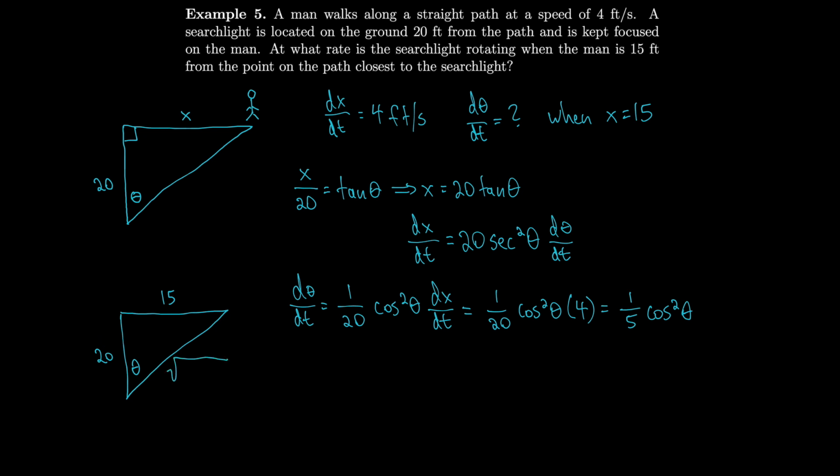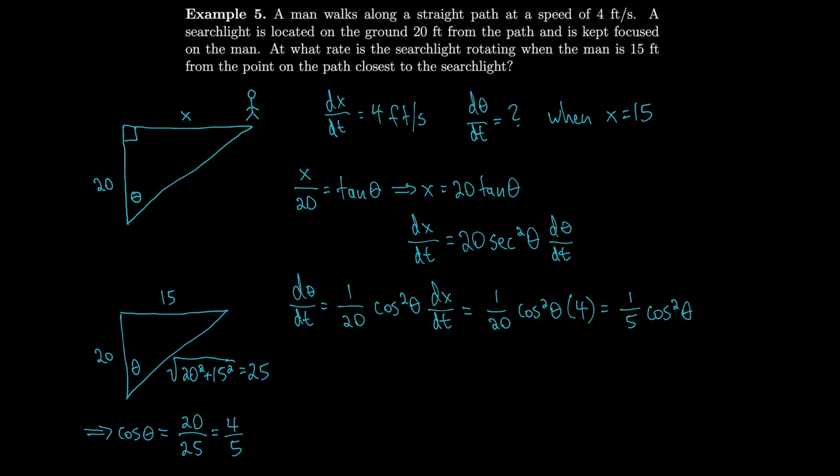So it's the square root of 20 squared plus 15 squared, which equals 25. Now we can do adjacent over hypotenuse, so the cosine must be equal to 20 divided by 25, which is 4 over 5.